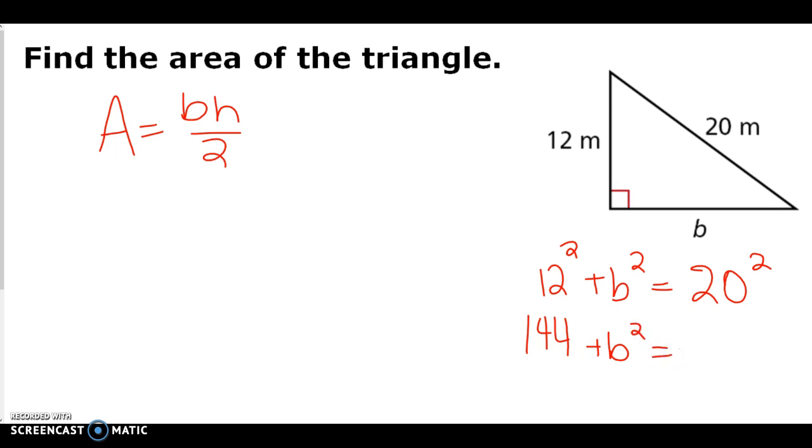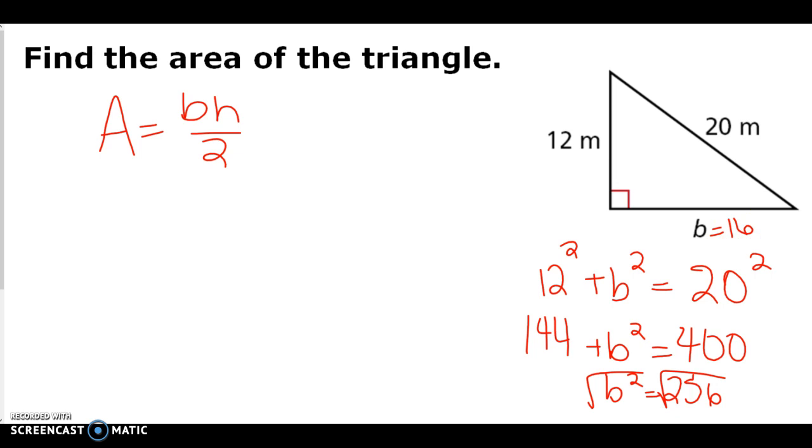Parker, what's 20 squared? 400. And you use a subtraction to get 144 subtracted from both sides. 256. And then take the square root of it, like the one we did 2 examples ago. So b is the square root of 256.